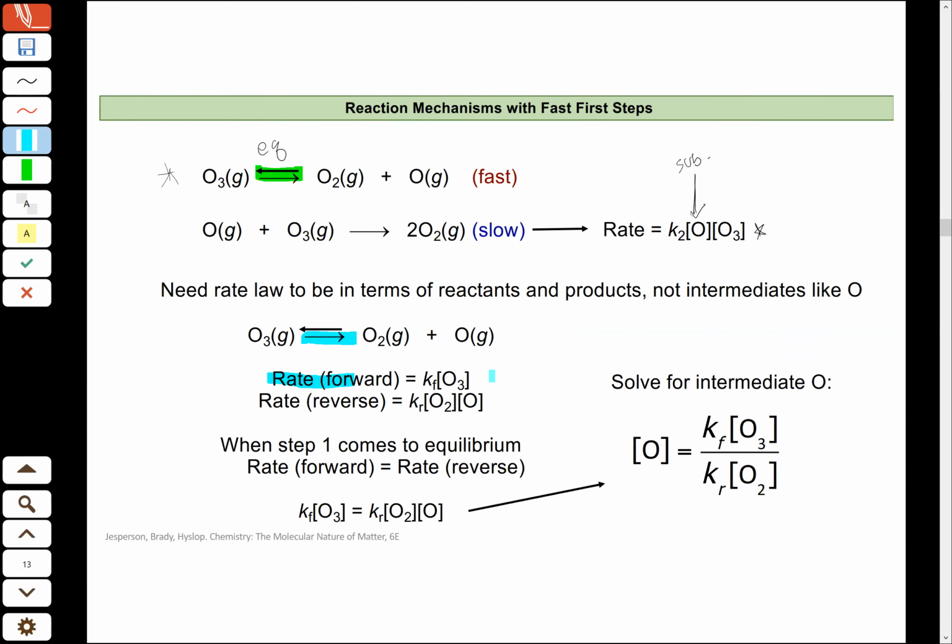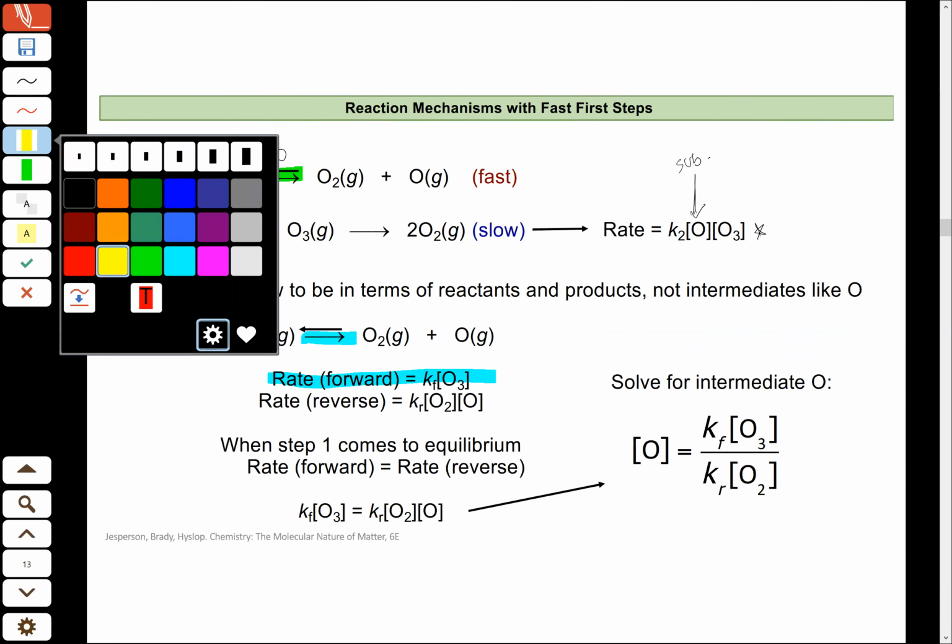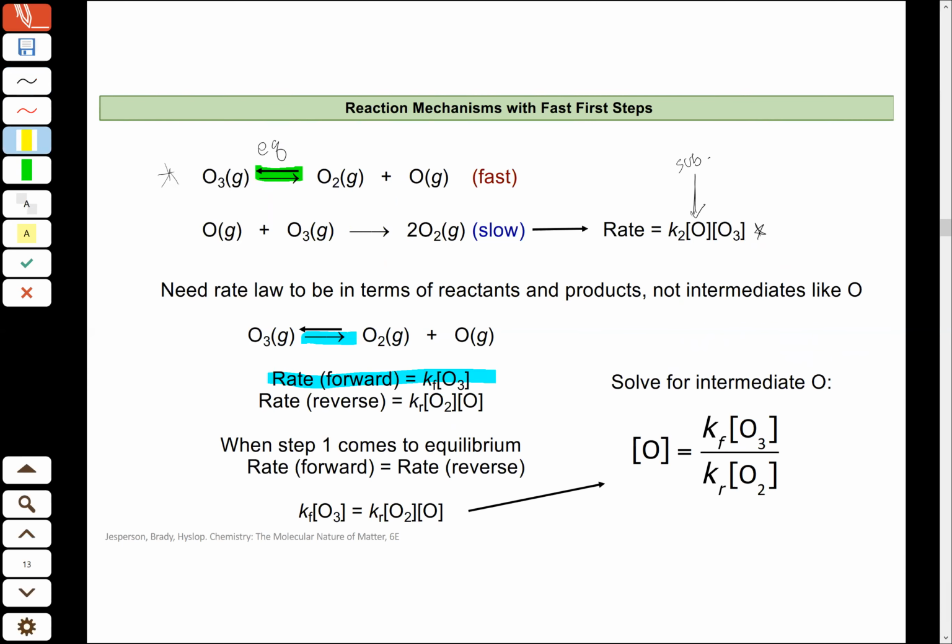So the rate of the forward reaction is going to be equal to Kf times O3, because we have just the reactant O3, and we're going to use F for forward reaction and R for reverse reaction as the subscript to our constant. Now the reverse reaction right here is going to be equal to the rate law constant for the reverse reaction. And then my reactants are actually my products now, so it's going to be O2 and O, first order with respect to each.